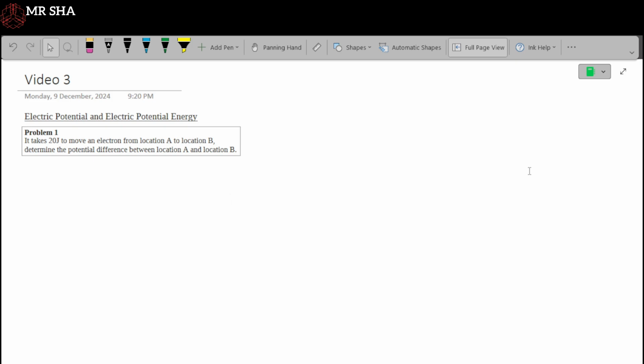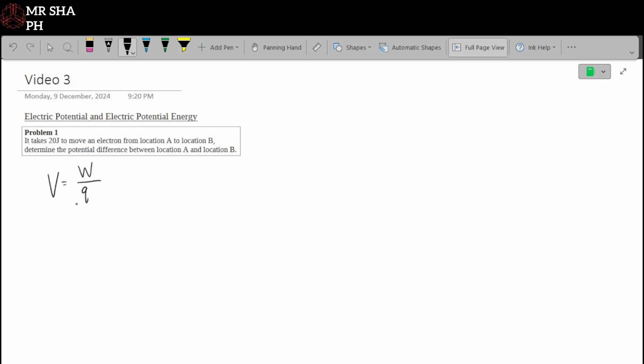It takes 20 joules to move an electron from location A to location B. Determine the potential difference between location A and location B. So here, what we want to look at is the relationship between the potential and the work done required to move from A to B per unit charge.